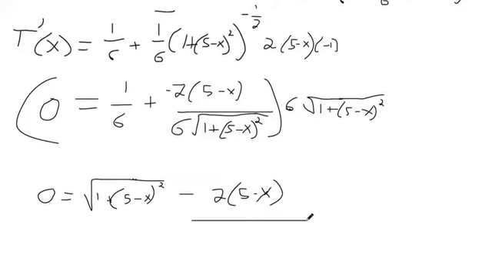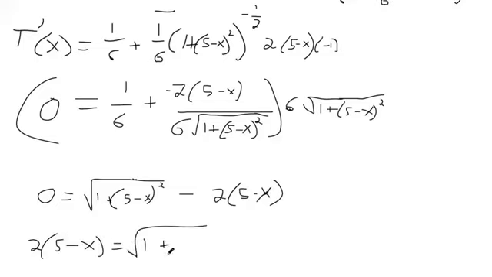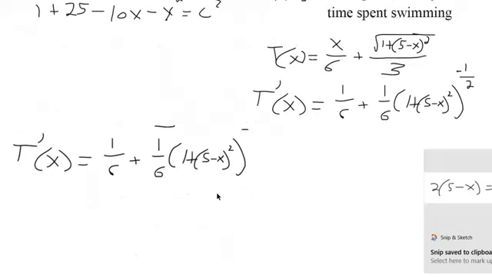And I'm going to add this 2 parentheses 5 minus x to both sides. Actually, let's do that.